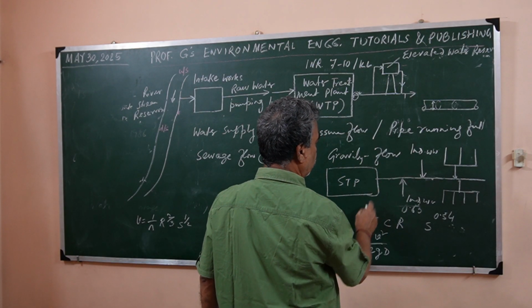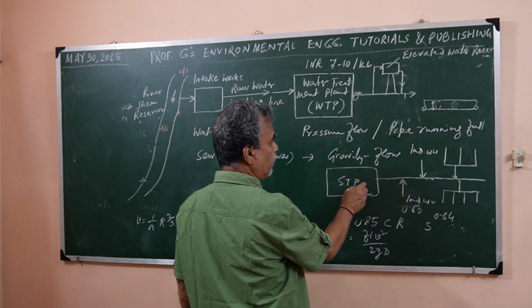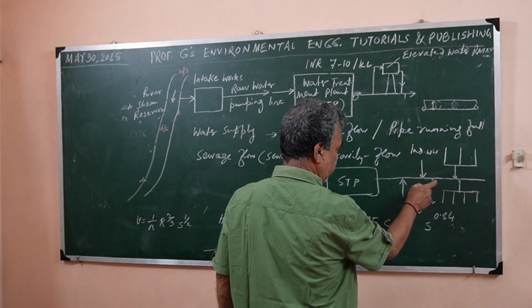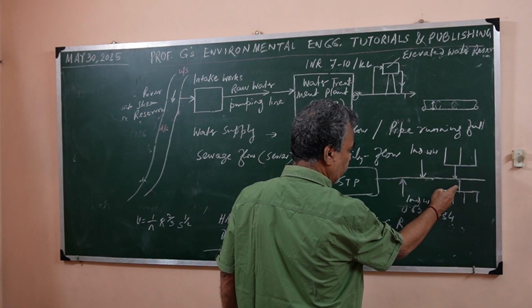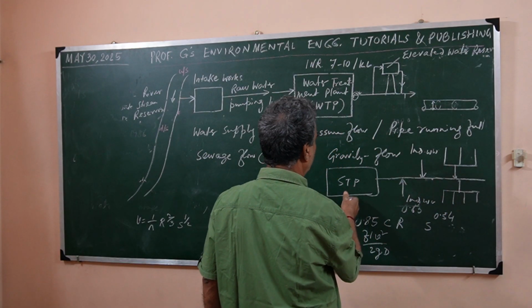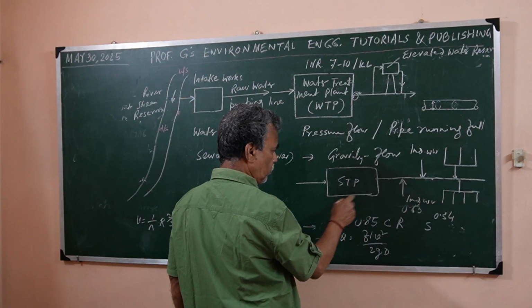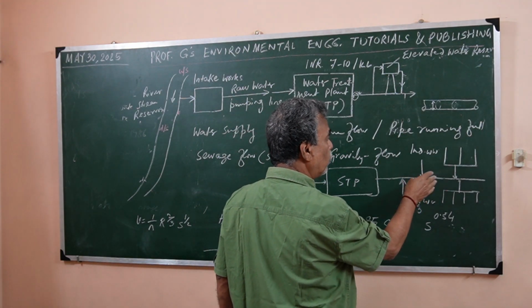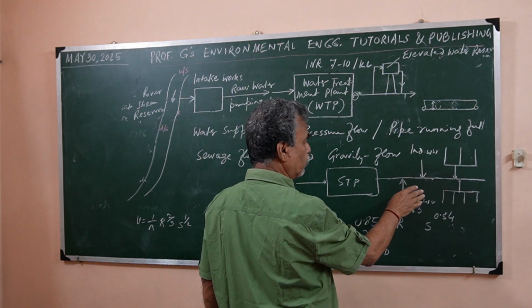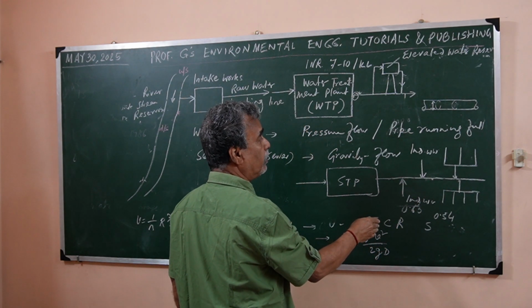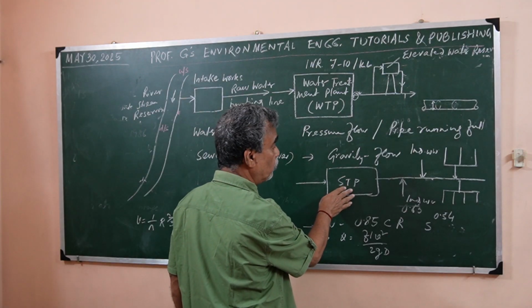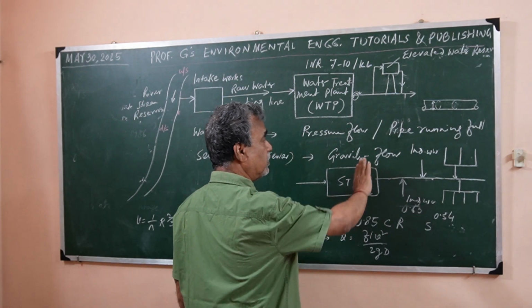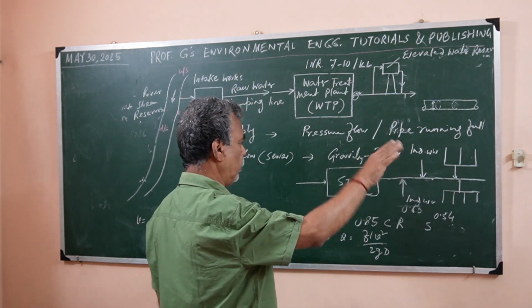So the STP should be able to treat this wastewater coming from different sources. Accordingly, the industries will be allowed. Some industry may not be allowed, because their wastewater may not be treatable in the municipal sewage treatment plant. So in that case, their own treatment plant, or somehow they will manage that.